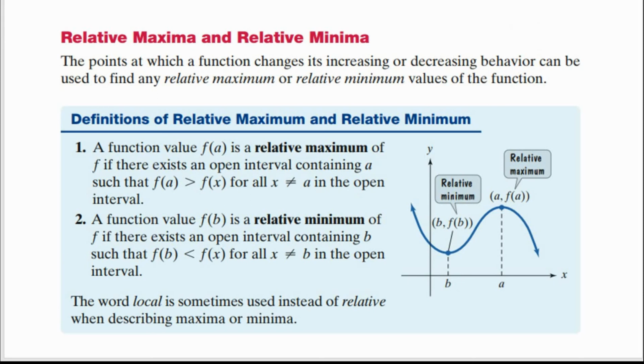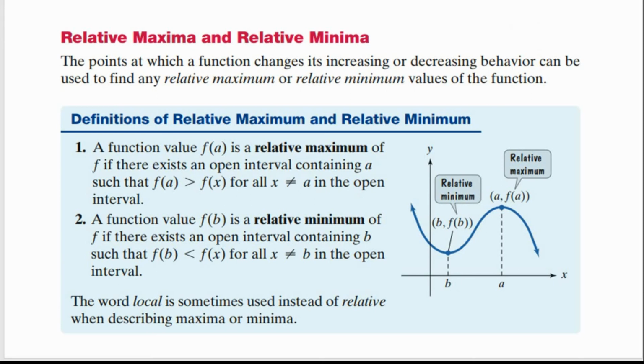And here's how we define it. It's because there exists some open interval, some neighborhood about A, some interval on this x-axis, such that f of A, that's this guy right here, is greater than all the values of f of x on that particular interval. So we can say it's a relative maximum.